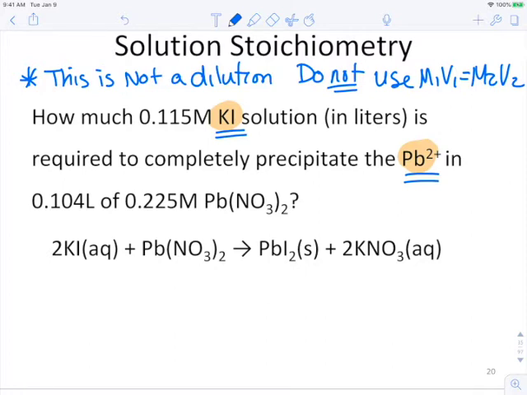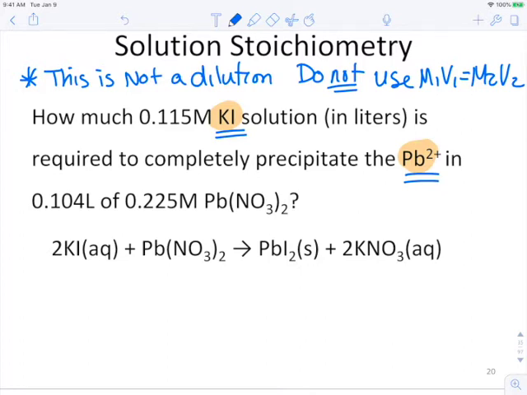Okay, so it says how much of the 0.115 molar KI solution, in liters, is required to completely precipitate the lead in 0.104 liters of 0.225 molar lead nitrate. I know that sounds scary, we haven't gone over all of our reaction types, but all it is asking is how much KI do we need to completely precipitate, or to make all of this lead iodide.